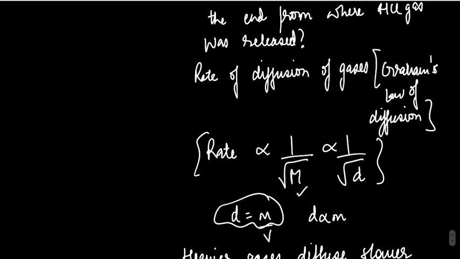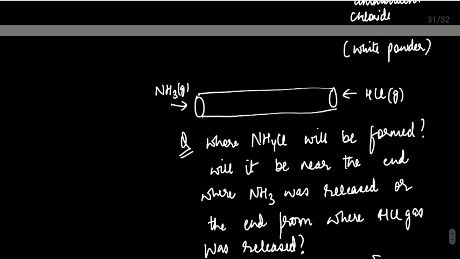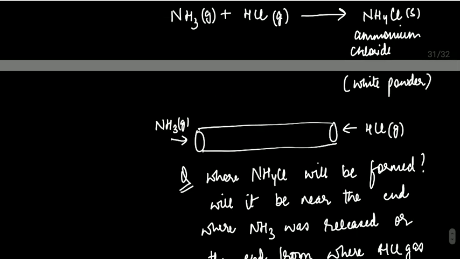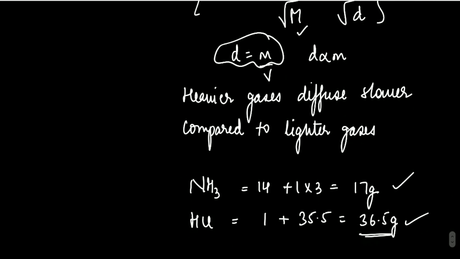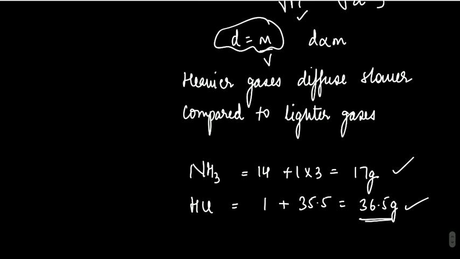So where will ammonium chloride formation happen, where we will see the dense white fumes? You can even write this, dense white fumes, where we are going to observe whether it's going to be near to HCl or near to ammonia. You can pause over here and think over it.